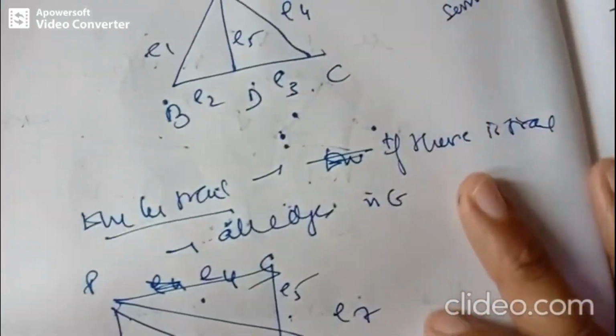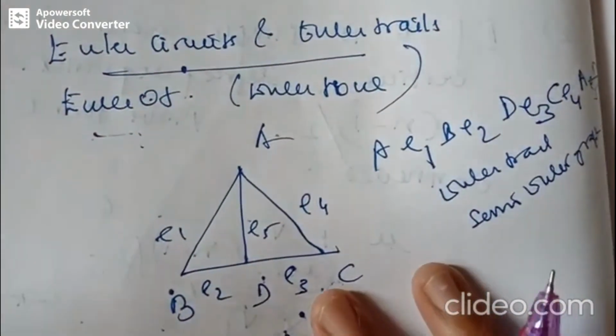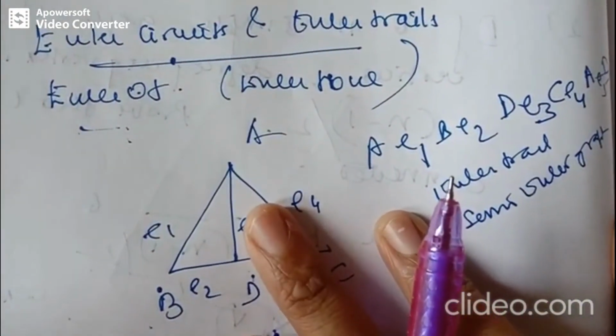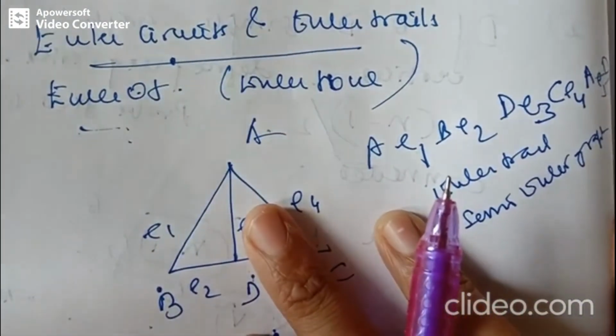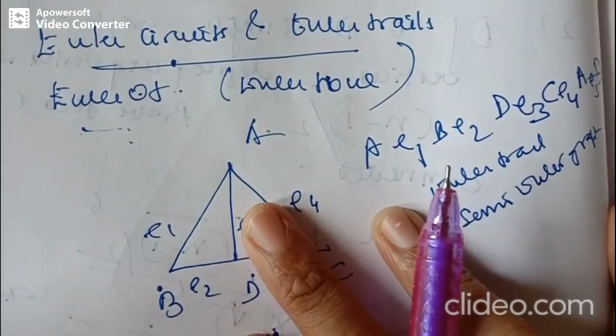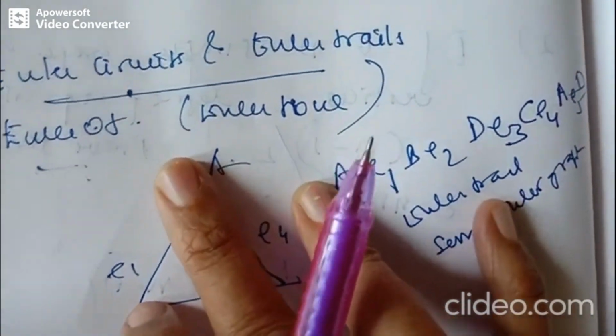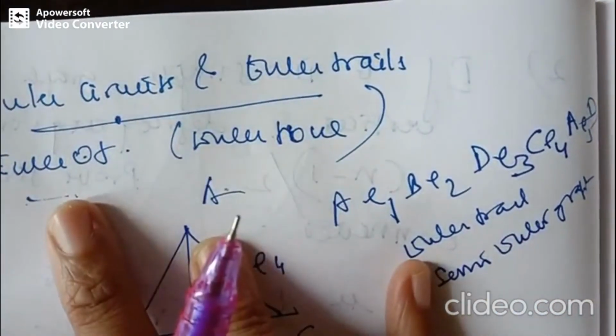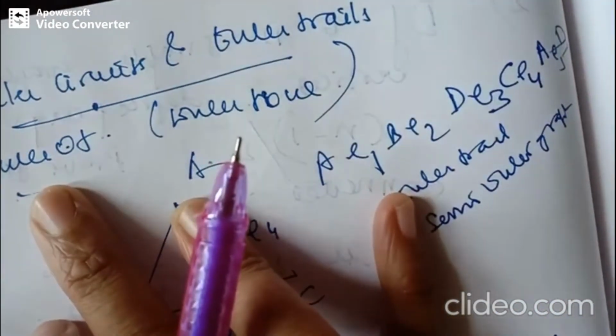Next, let's see about Euler circuits and trails. So what is an Euler circuit and what is an Euler trail? You know what is meant by a circuit, right? For the graph to be an Euler circuit, it should satisfy the circuit properties, that is, it should be a closed walk.